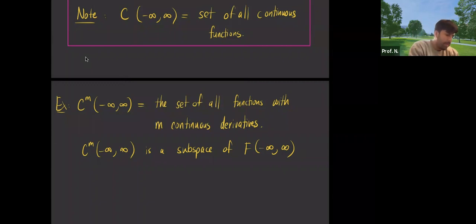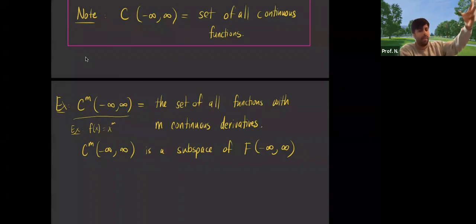So for example, something in here would be a function x to the m power. Actually, you can take m plus 1 derivatives, but you can take this one-term power function and take m derivatives of it. For every derivative that you find, you get a new continuous function.